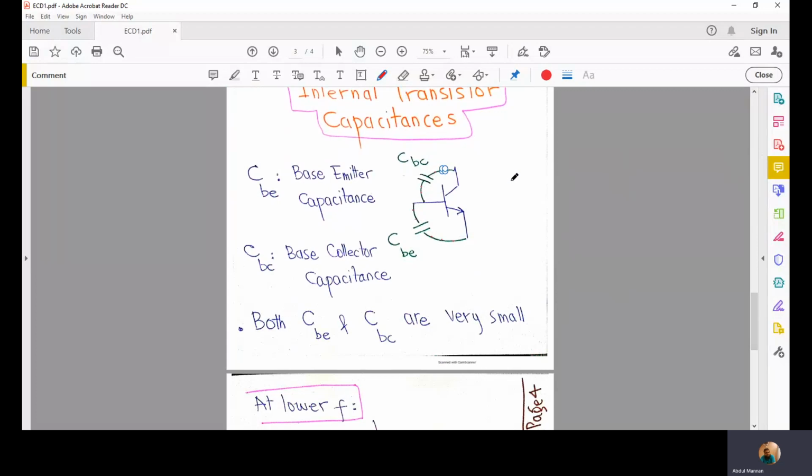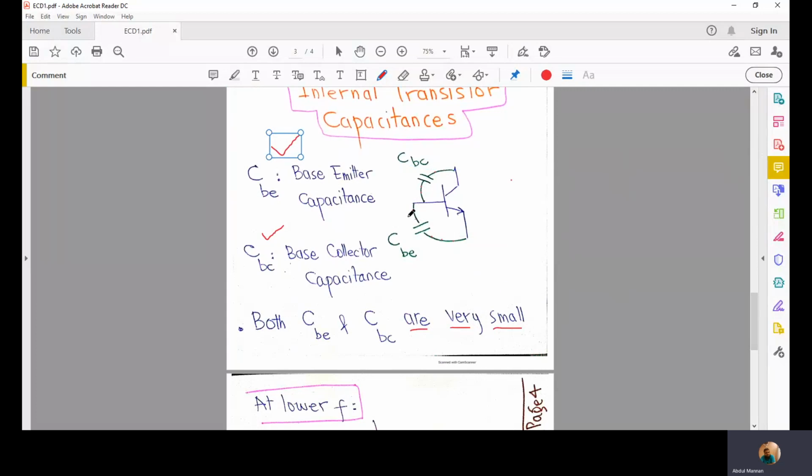They are internal junction capacitances. CBE is base emitter capacitance. CBC is base collector capacitance. Sometimes CBE is called input capacitance, and CBC is called output capacitance. But they are very small. They are there because of the fabrication of the semiconductor.